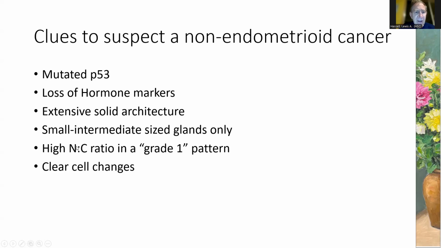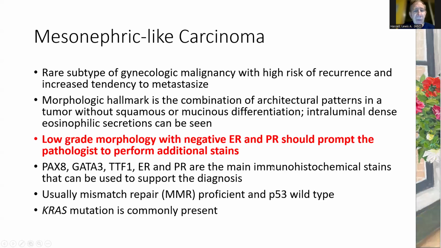And then lastly, anytime there's a big discrepancy between your nuclear grade, a very high NC ratio, in an otherwise grade 1 pattern, I think should trigger some additional thinking on this type of lesion. So Mesonephric-like carcinoma is a rare subtype, although we are seeing it with increasing frequency as we become more adept at recognizing it.